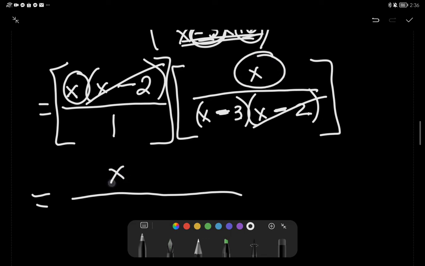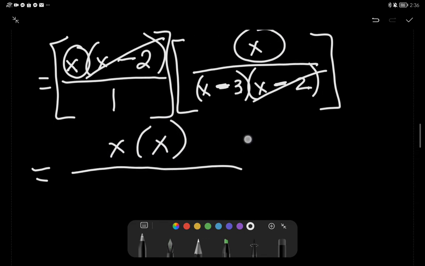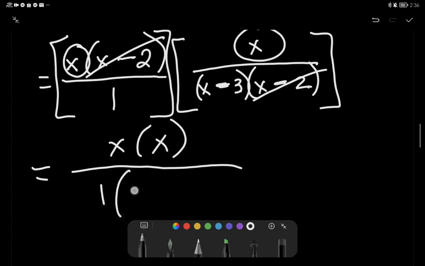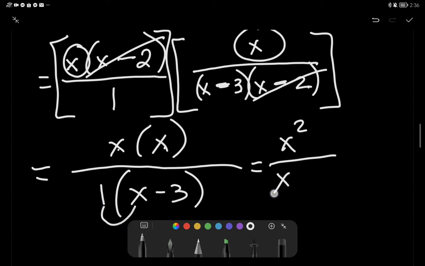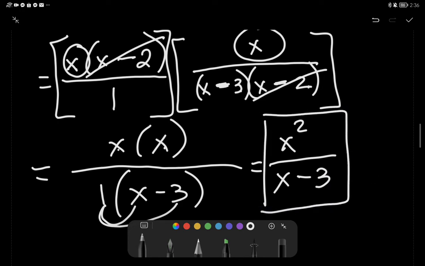So, x times x over si 1 times x minus 3. Okay. X times x, that is x squared over 1 times x, that is x. Negative 3 times 1, that is negative 3. So, this is your final answer.